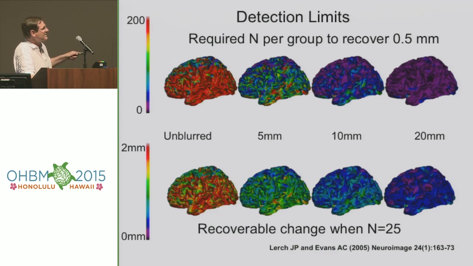And without smoothing, it's 2 millimeters, which is essentially useless to you. If you smooth the data in the same fashion, you can extract a few tenths of a millimeter, again with the constraint that it's not at an individual vertex, it's over a surface patch. But oftentimes that's perfectly acceptable.